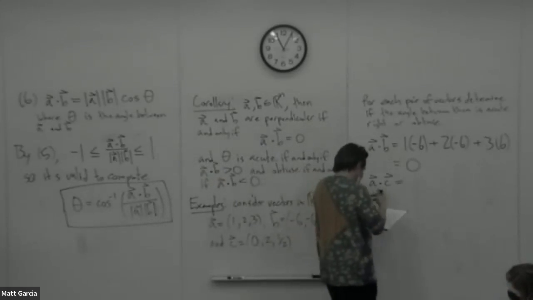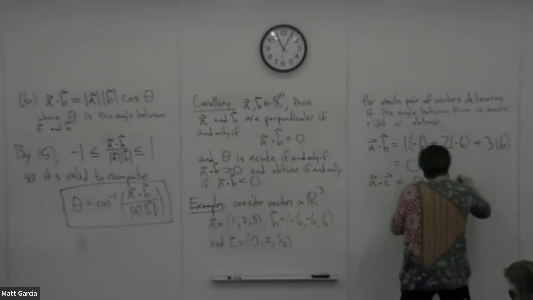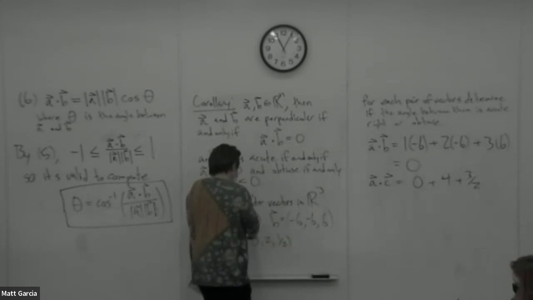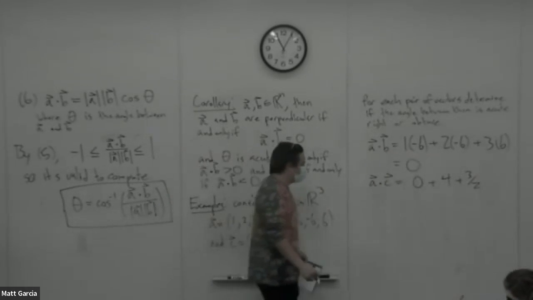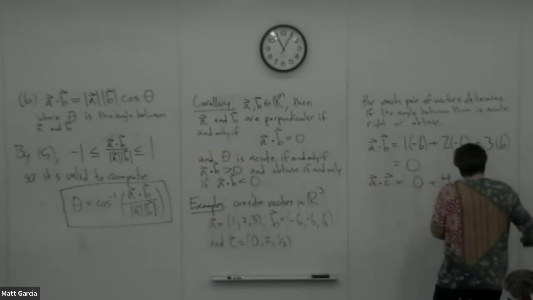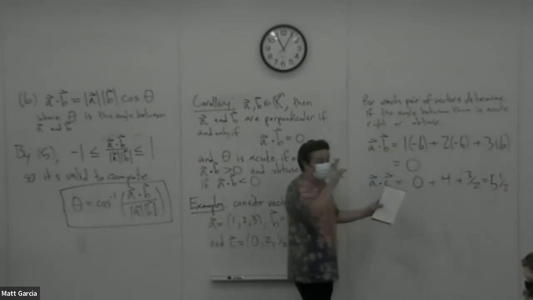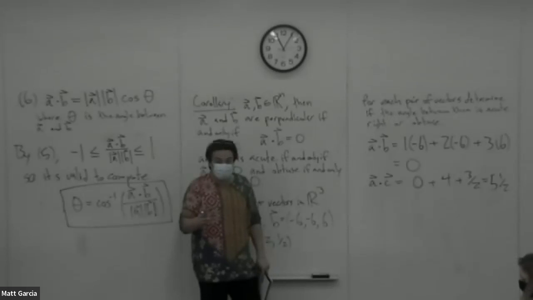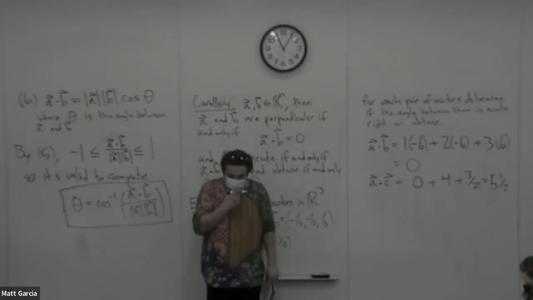Yeah, I think that's right. I'll just write out the multiplications. Multiply each of the components and add them together, which gives you 5.5 or 11/2 if you like. I don't care how you simplify your answers, as long as it's a correct answer. Doesn't matter what format it's in. Good. So what does this imply?